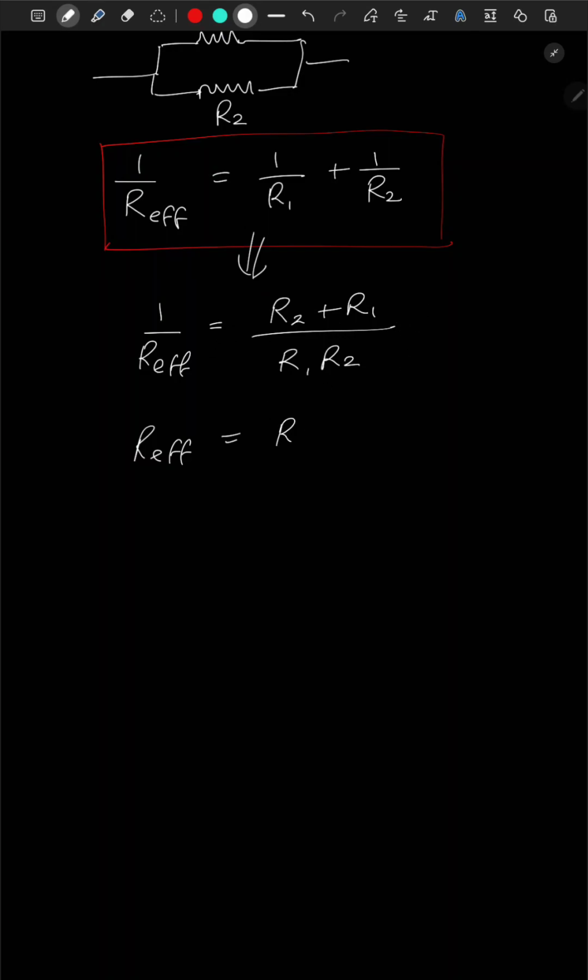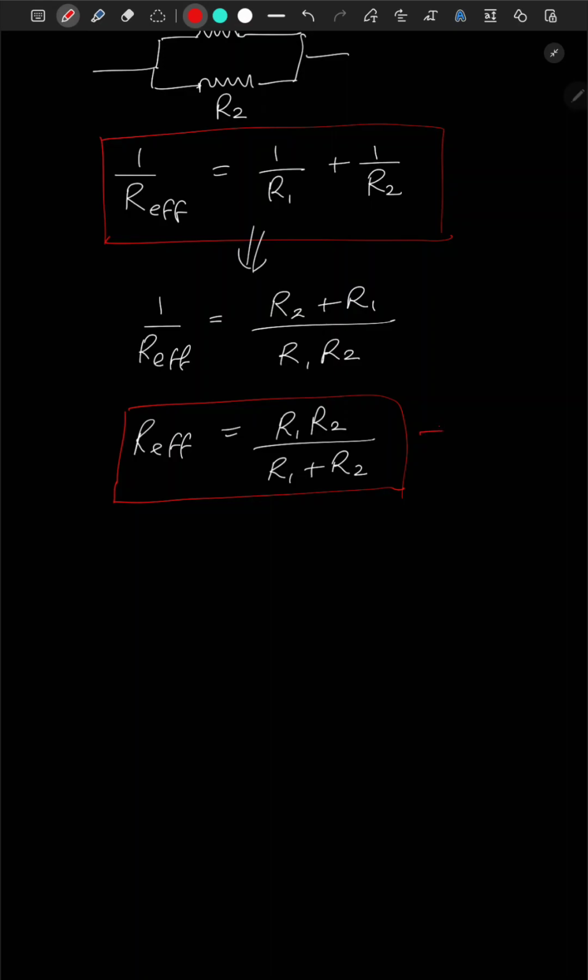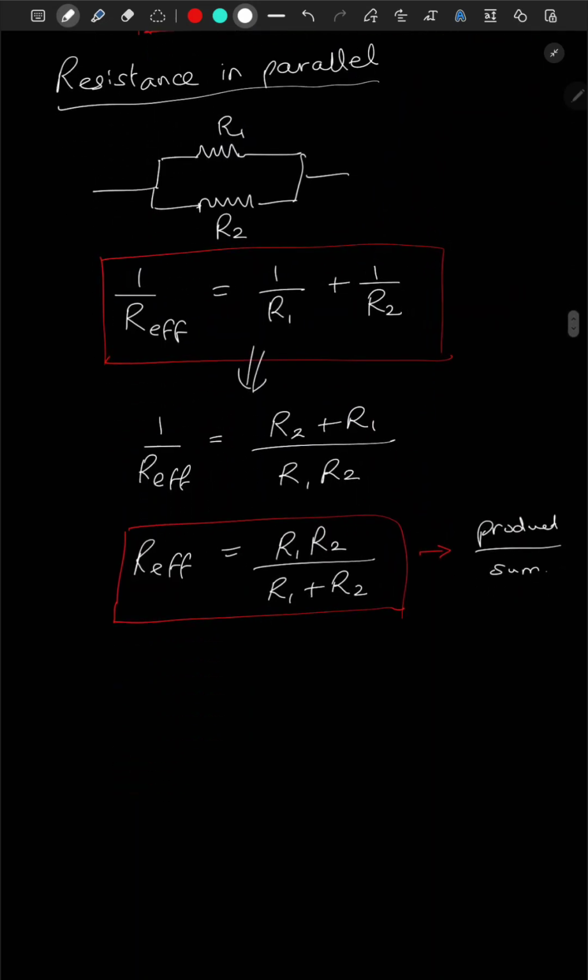So the reciprocal is R1 times R2 divided by R2 plus R1, or we can write it as R1 plus R2. So this is the effective resistance. This is just the product divided by the sum. Okay.